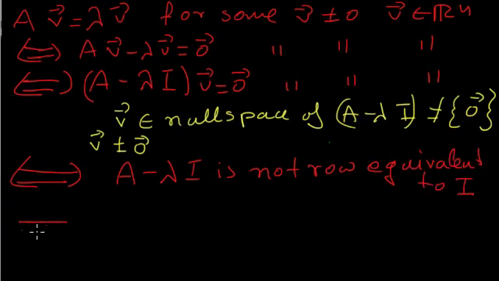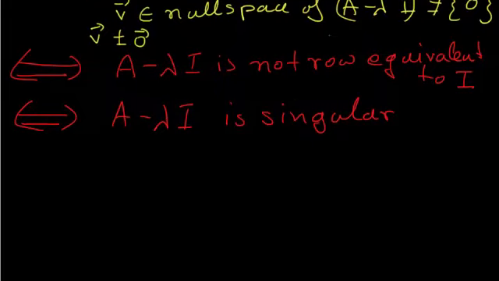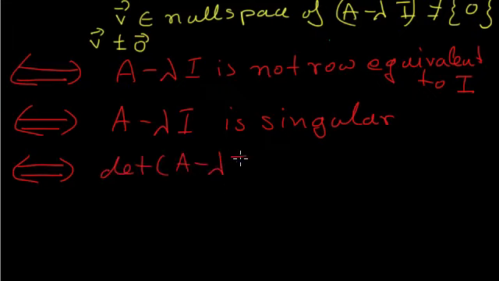That's the same thing as saying that A minus lambda I is not invertible. In other words, it is singular. It does not have an inverse. Well, we know from the properties of determinants that a matrix is not invertible if and only if its determinant is equal to 0. So the determinant of A minus lambda I must be equal to 0.